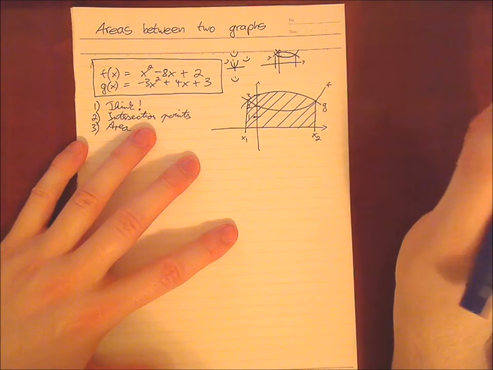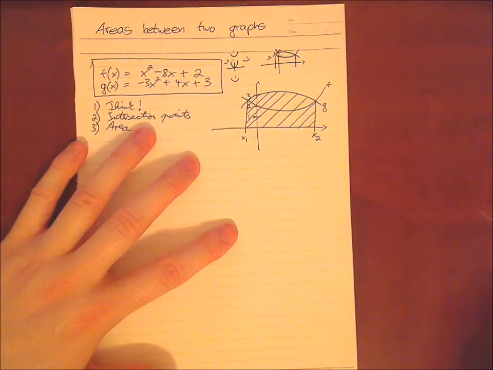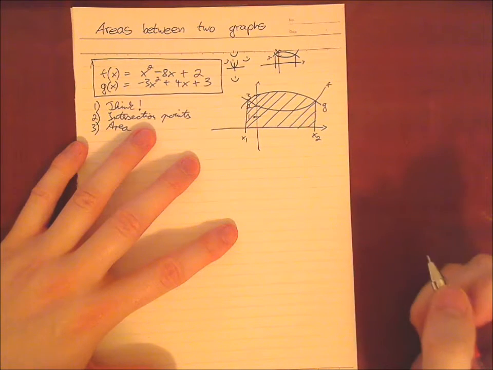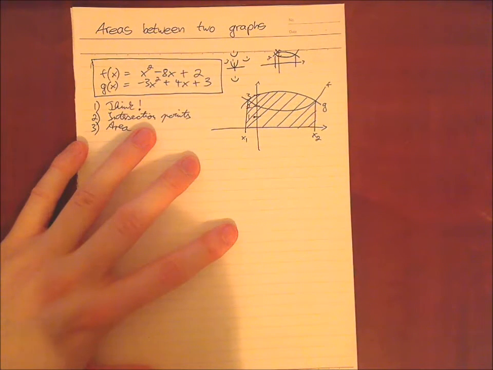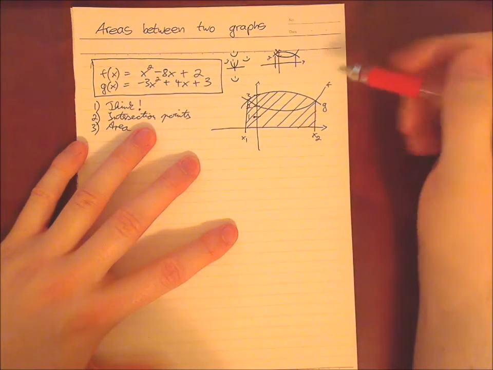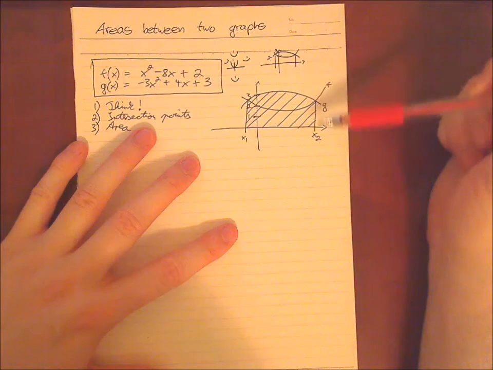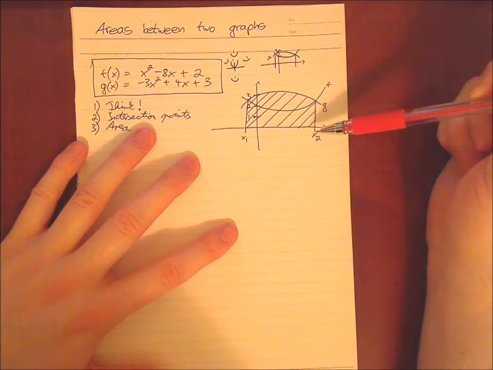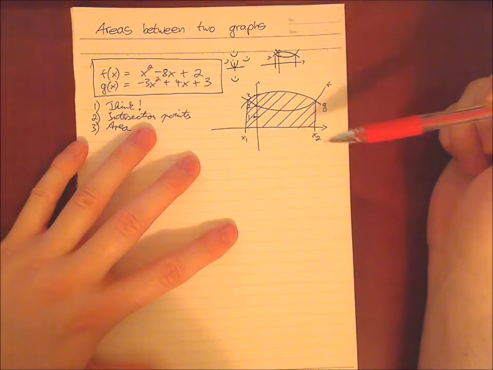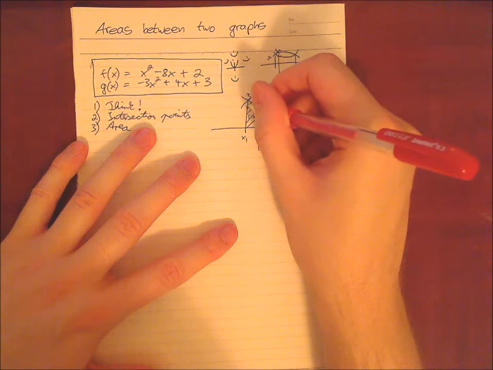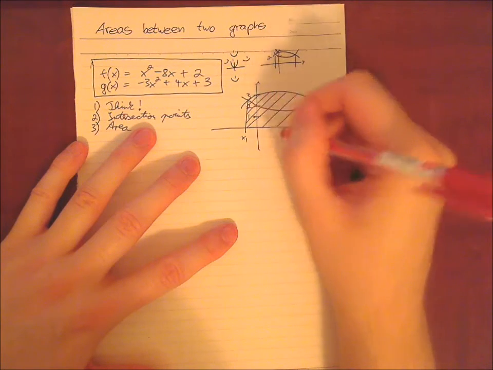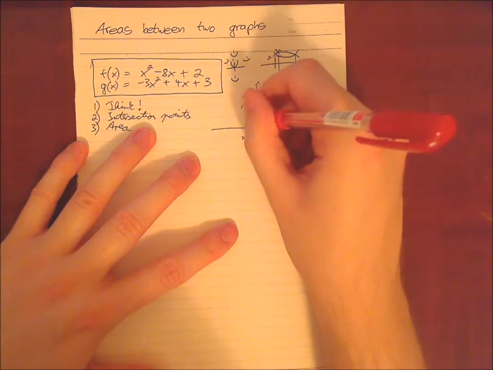That's what we can calculate. And then we subtract the area between f and the x-axis. So first we calculate the area between g and the x-axis, and then we subtract the area between f and the x-axis, which is then this area.